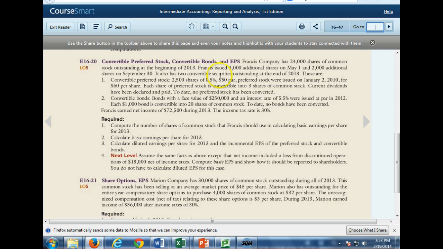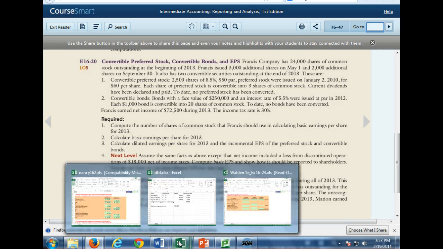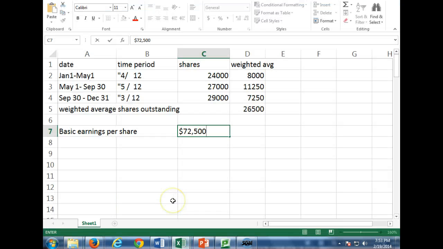So our preferred stock, remember, they have first dibs on everything, don't they? So what is the amount that would be issued for specifically preferred? 2,500 shares times 8.5% times $50 is what?